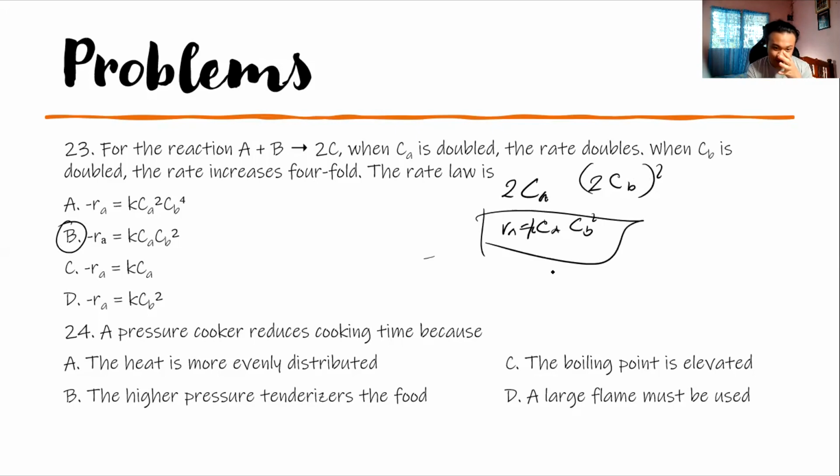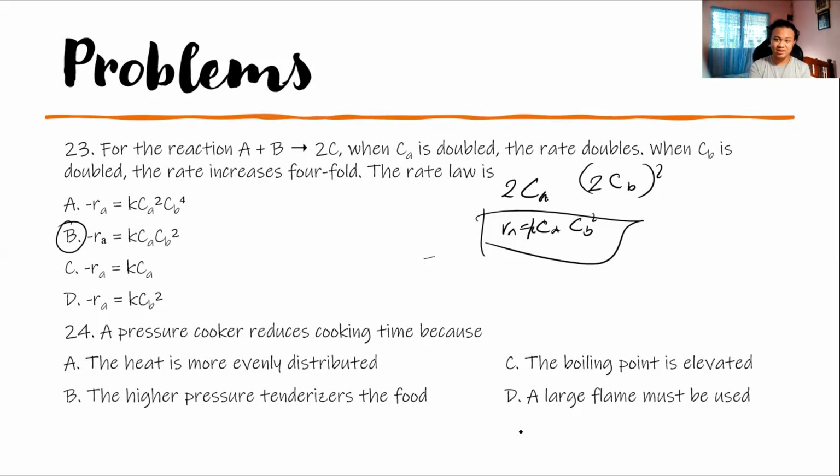So next: the pressure cooker reduces cooking time because... what really does your pressure cooker do? Does it evenly distribute the heat? Maybe, but that's not the reason. High pressure tenderizes the food? Actually, no. The large flame must be used?